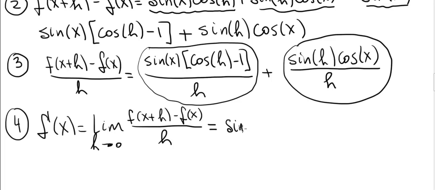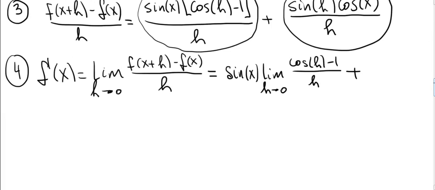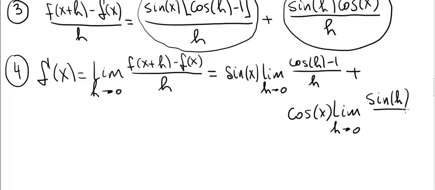We have sine of x times the limit h going to 0, cosine of h minus 1 over h, plus, and the second part, cosine of x goes in front. So cosine of x times the limit h going to 0, sine h over h.